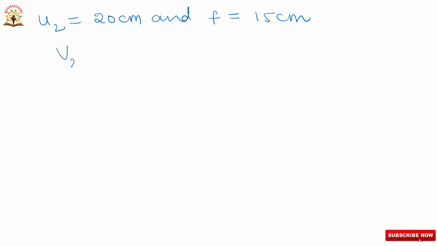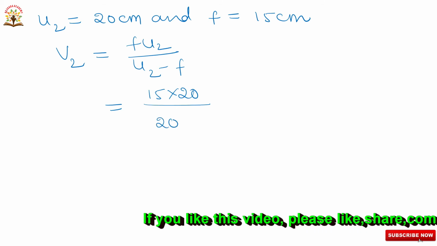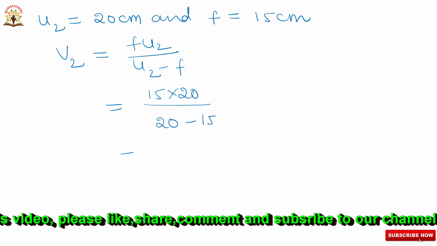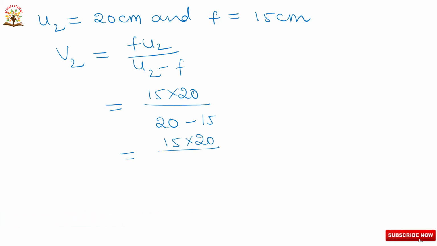Now v2 is equal to f u2 by u2 minus f, that is equal to 15 into 20 by 20 minus 15. 20 minus 15 is 5, so v2 is equal to 60 centimeters.